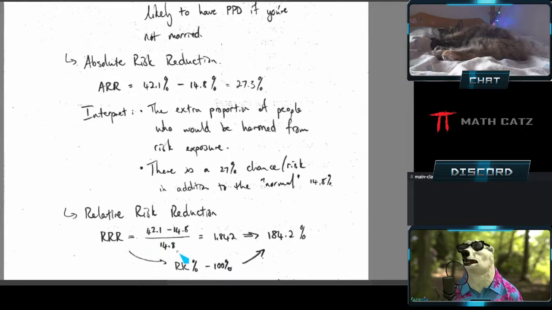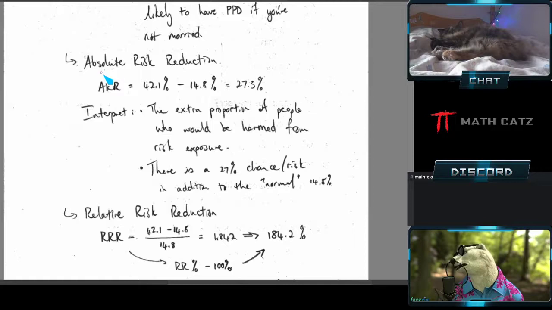The smallest one, that I'm at risk of postpartum depression, is 14.8, right? So 27.3 might seem like a lot, but if I had a baseline probability of over 50%, well, then 27% is not as much as if I had a baseline risk of 14.8%.